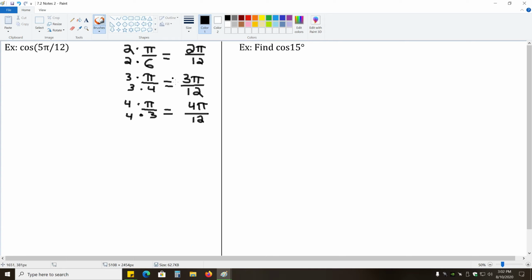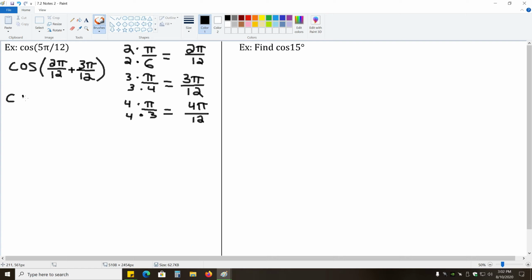Now that you see these 3, can you think of a combination of them added or subtracted that would give you 5 pi over 12? Well, hopefully you can see that we could change this to cosine of 2 pi over 12 plus 3 pi over 12. That's just another way of saying cosine of 5 pi over 12.